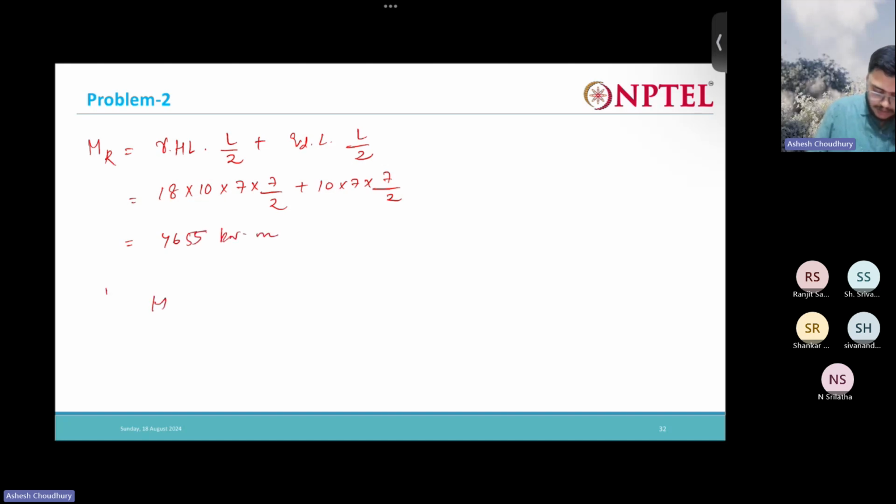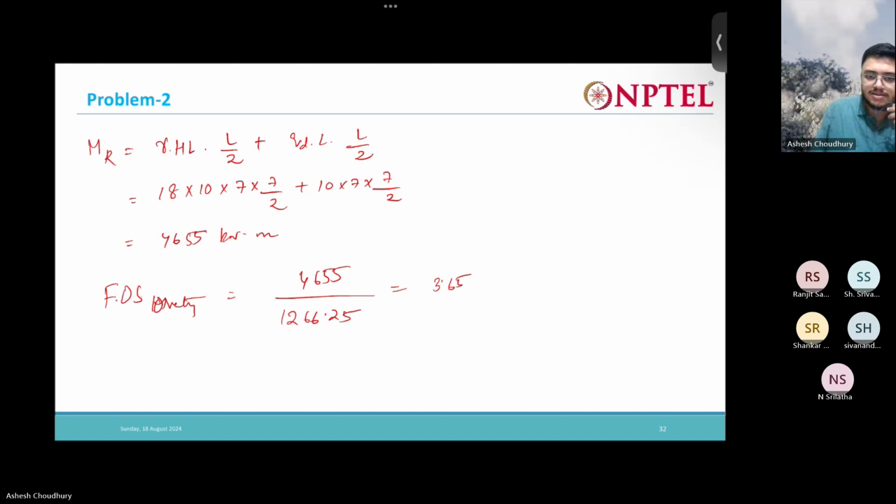So therefore, the factor of safety in overturning. Is it safe? It is greater than 2, so it's safe.